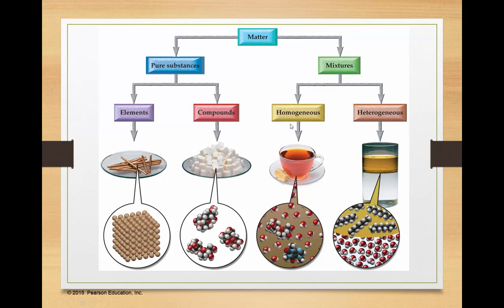You can subdivide mixtures into either homogeneous, where you cannot see the separate materials making up that mixture, or heterogeneous, where you can see the individual components of the mixture. The example they're showing here of a homogeneous mixture is tea.